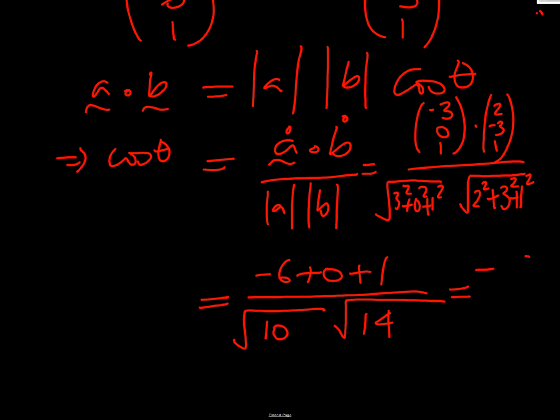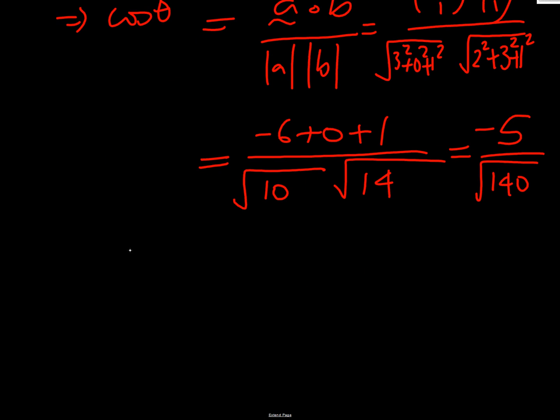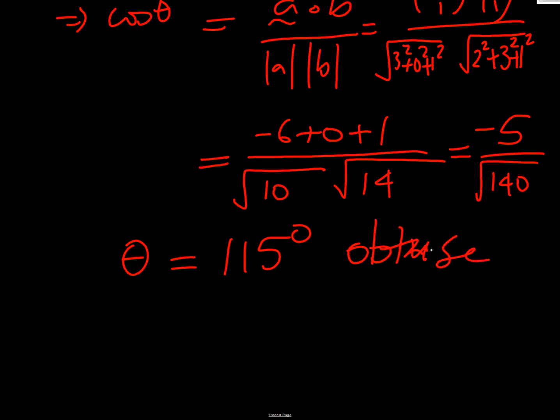So that's minus 5 over root 140. If we put that in our calculator, given it's a negative number, it's going to give us an obtuse angle. It's going to be 115 degrees. So that's an obtuse angle because we had a negative cosine.